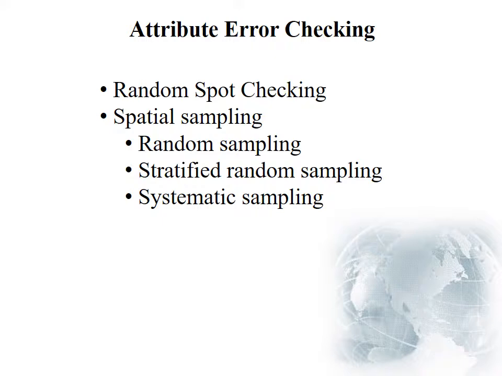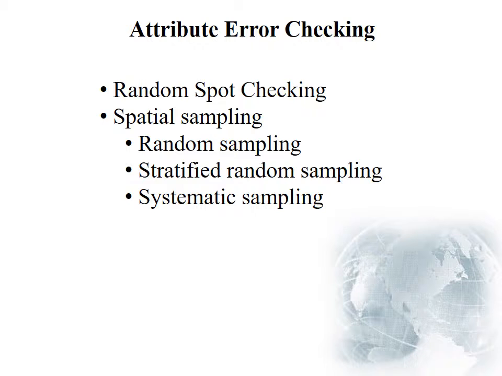And another one would be systematic sampling, which would be maybe we're going to sample point locations at every kilometer across a grid through the map that we created, and we're going to do every single one of those systematically across the whole area to see whether or not our outputs match what's on the Earth's surface. And that's the whole idea behind doing this. What's here, this attribute error checking.